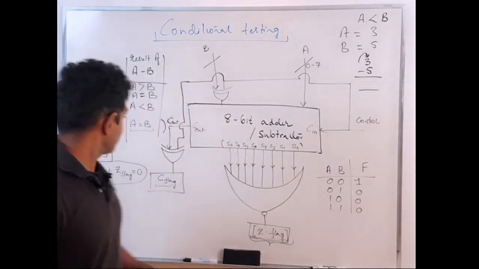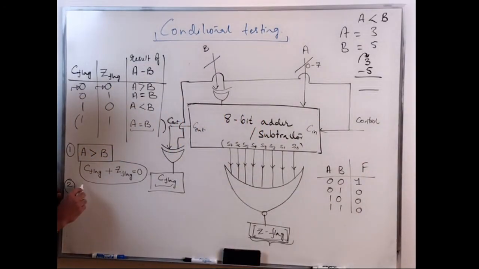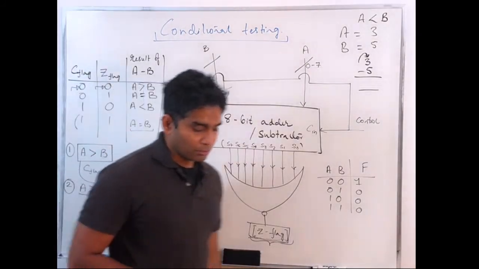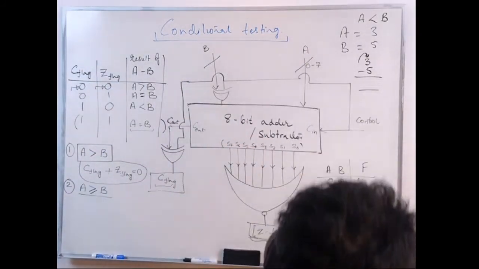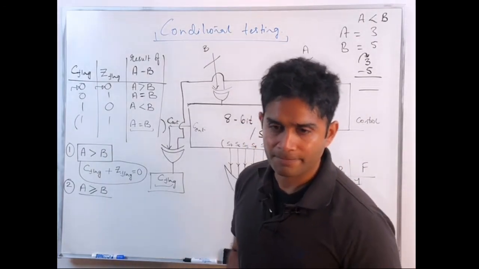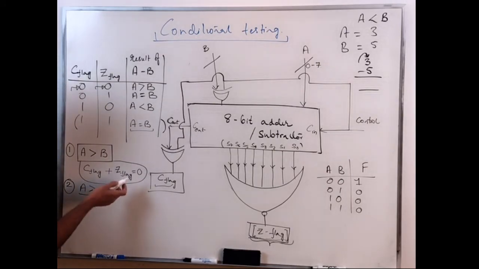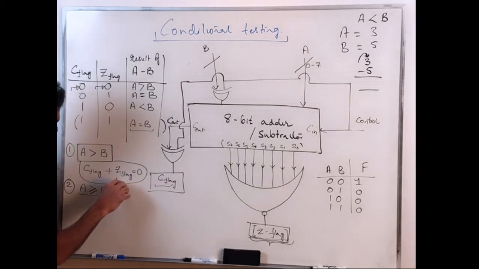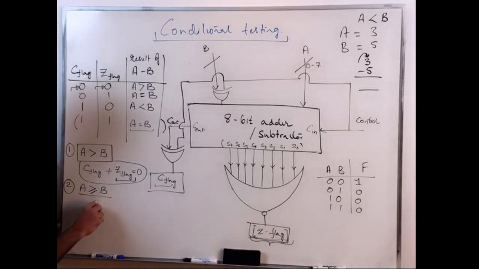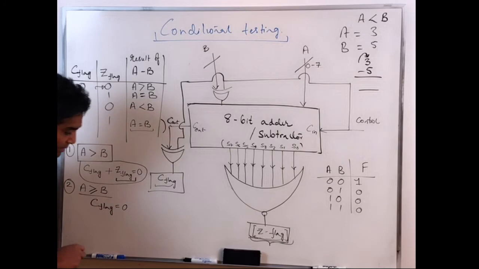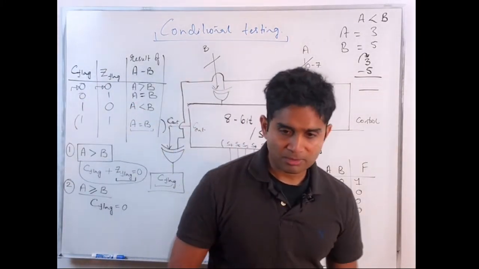Alright, so that's good. What about this condition, A larger than or equal to B? What condition should I test for to ensure that that particular condition is satisfied? In this case, because I am no longer constrained to have my C flag to be a 1, I can simply say as long as my C flag is 0, then A is larger than or equal to B. Right?